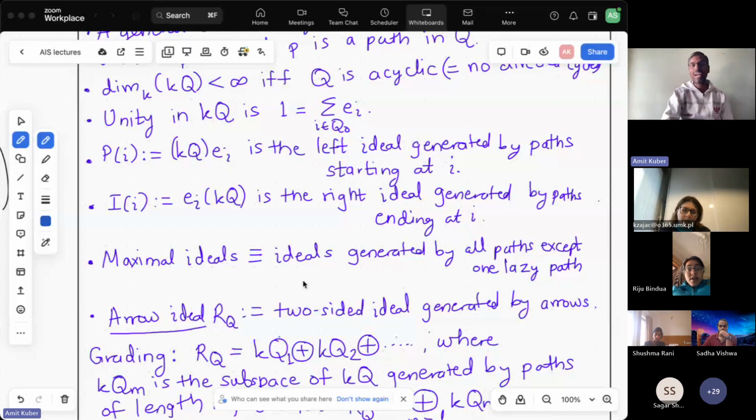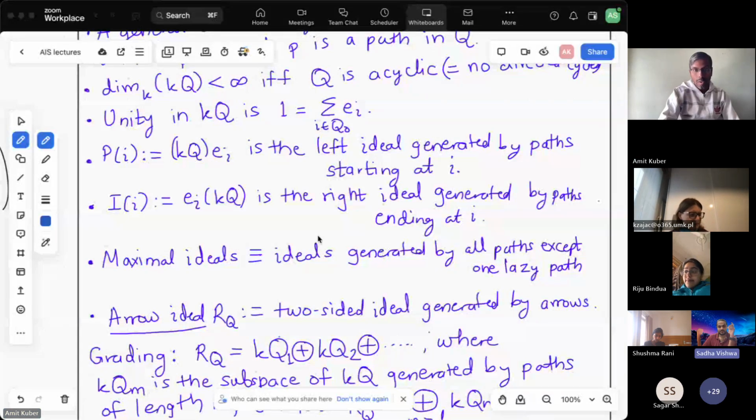This is the left ideal generated by EI. And on the other hand, dually, the injective module is the right ideal generated by EI, the right ideal generated by paths ending at I, because of how we are writing things.